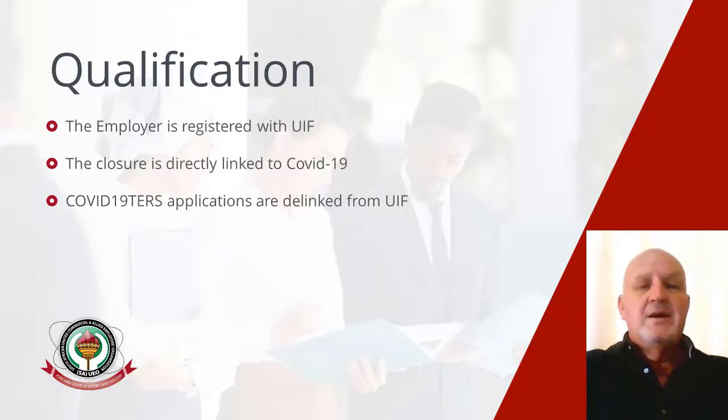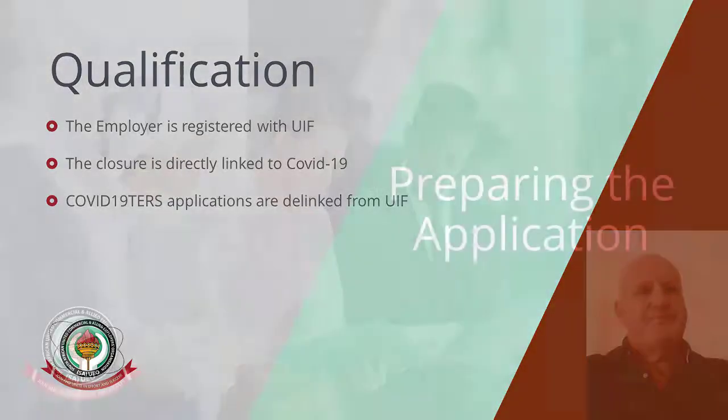What does it mean? It just means there's a separate fund available for payment and also an easier process. If you can recall, initially we spoke about the illness benefit and reduced working time. That would be normal UIF benefits, and I'll still deal with those applications later on in the presentation.